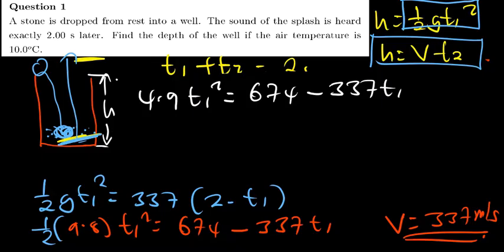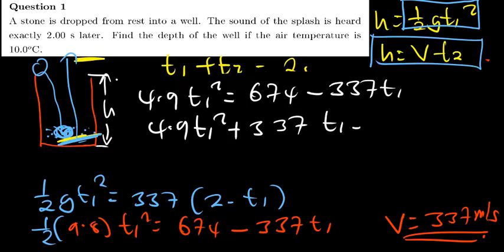What's the best thing to do? I'm going to shift these to go to the left hand side. So I'll have 4.9 T1 squared plus 337 T1 minus 674, because when this one goes to the other side it is going to be minus, is equal to 0.